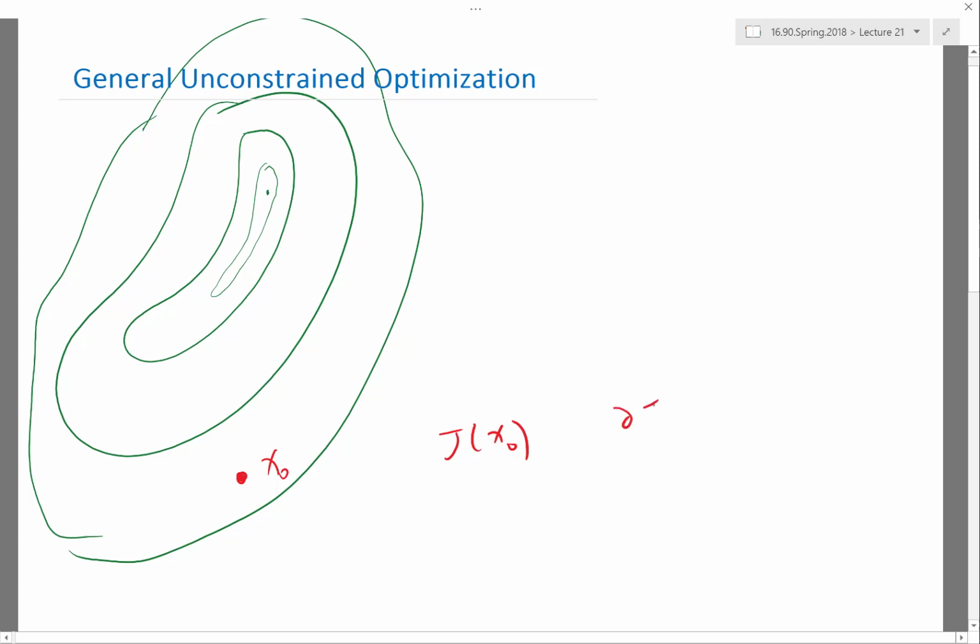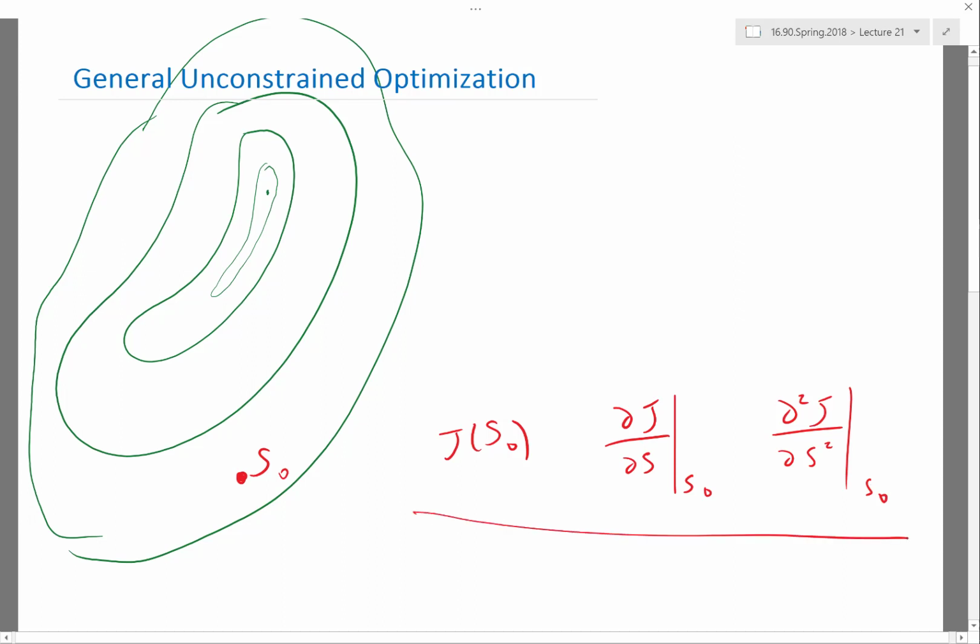We can compute the partial derivative of J with respect to, let's say, s, our design parameter, at s0. And we can compute the second derivative at s0.